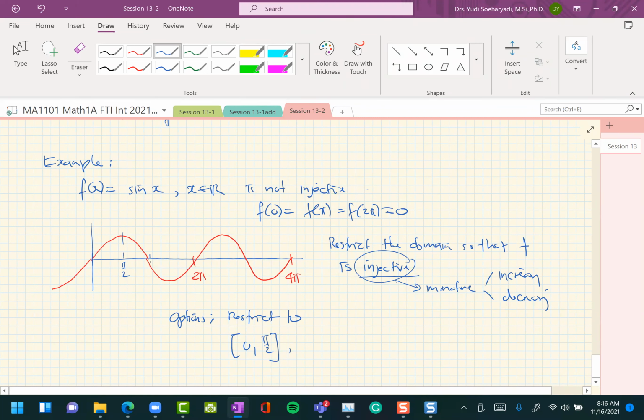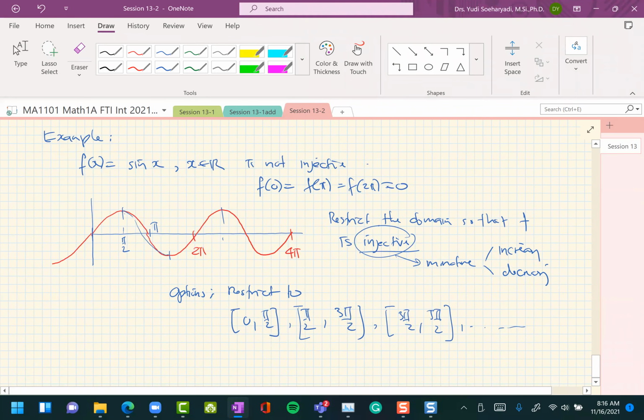Or from pi over 2 to 3 pi over 2, because that's decreasing. Or from 3 pi over 2 to 5 pi over 2. So there are many options.